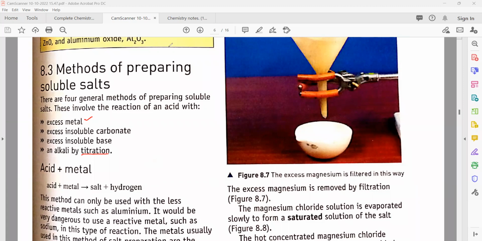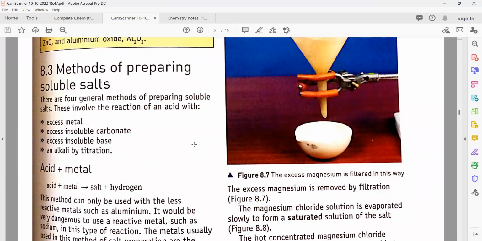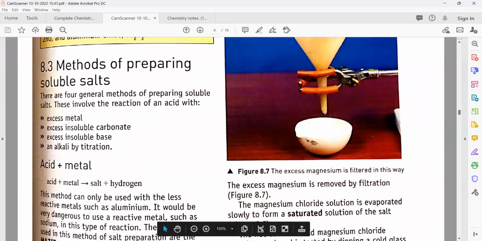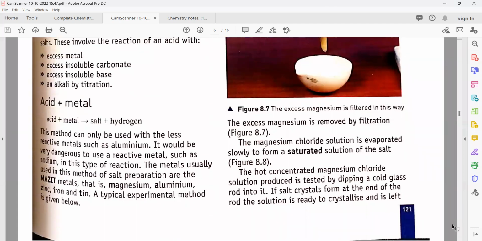What is excess metal? Excess means more. For example, you need something, and it's more than its capacity. Now the first method tells you about reacting any acid with metal. This method can only be used with the less reactive metals, such as aluminium.